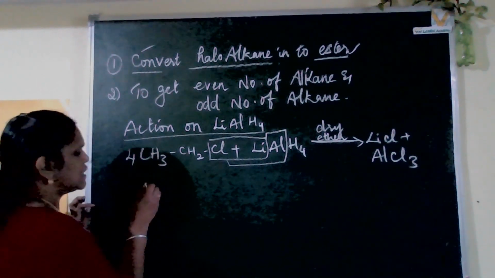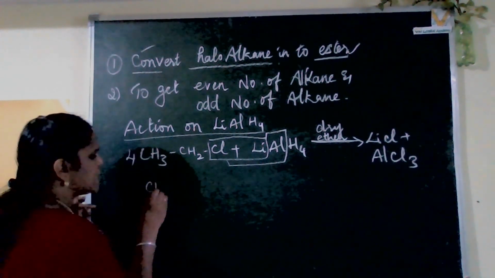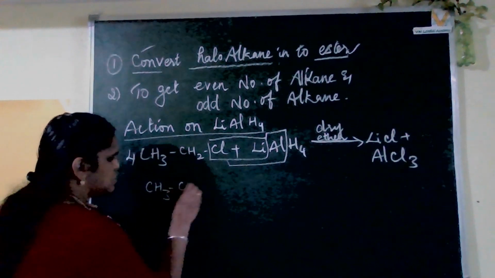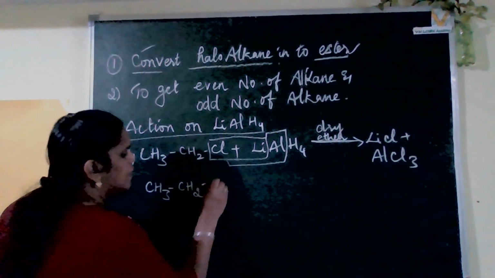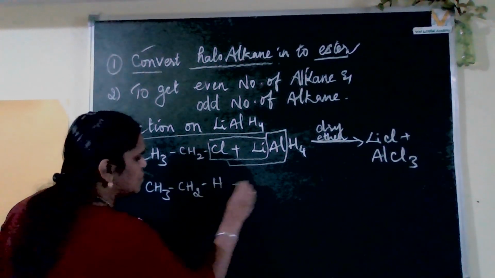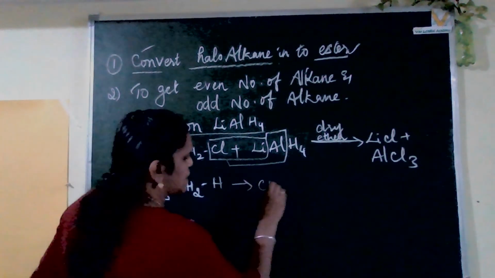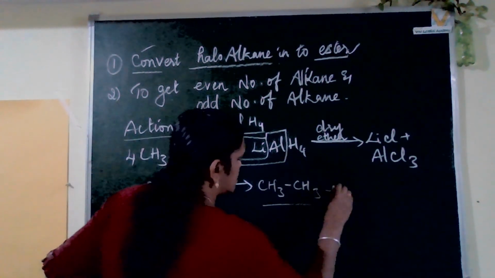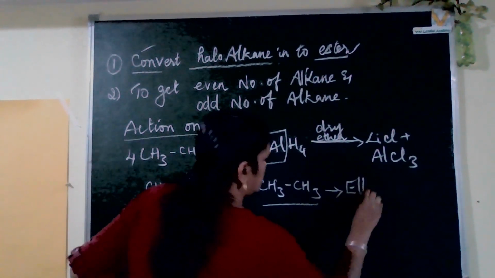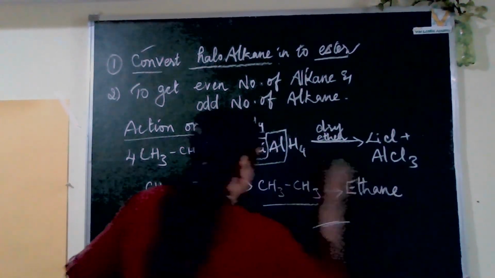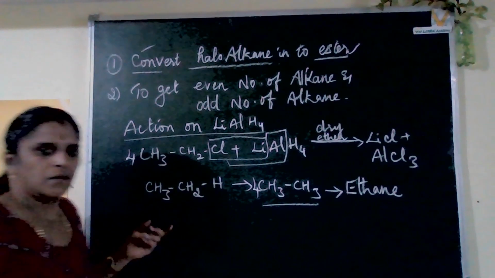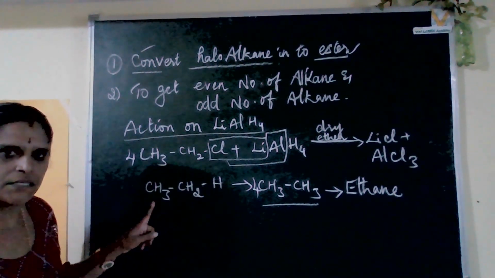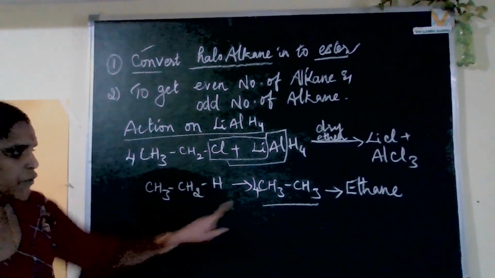So here I put CH3CH2 hydrogen. Totally I can write it as CH3CH3. So what is this? Ethane. Hope you're clear with this.